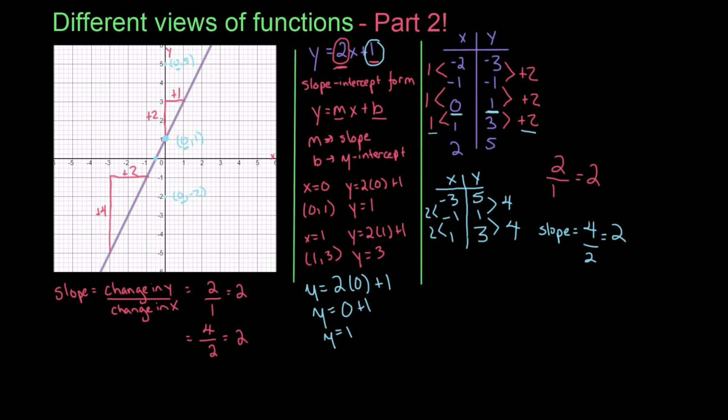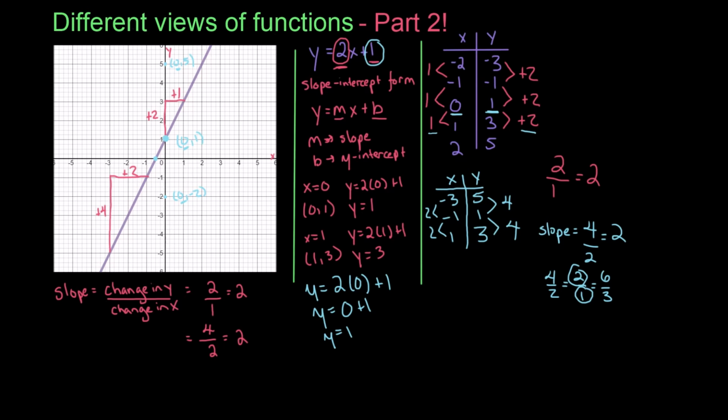But what we want to consider is that we can use different fractions to represent the same number. 4/2 is the same as 2/1, is the same as 6/3. All these represent the same thing. They all represent the slope 2. So maybe what we want to do, instead of incrementing by 2 and then 4, is increment by 1 and 2.